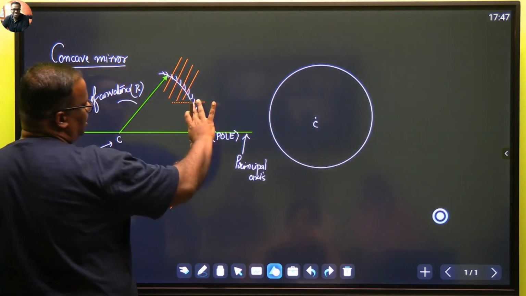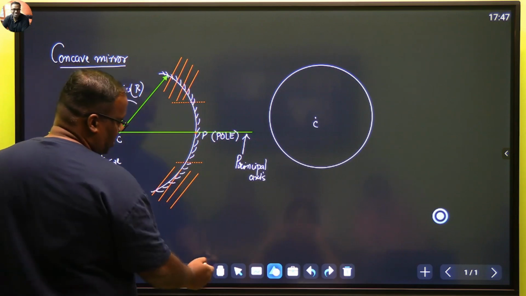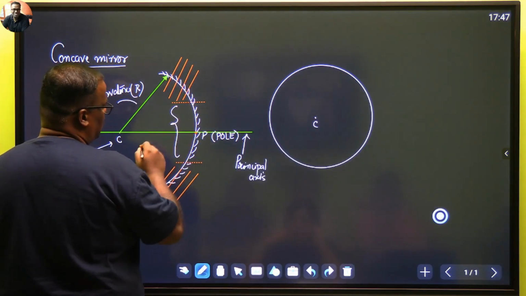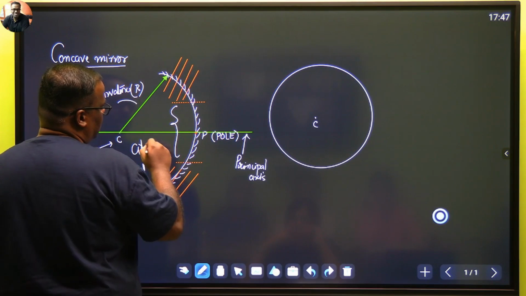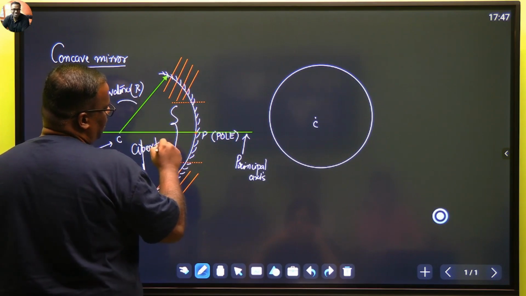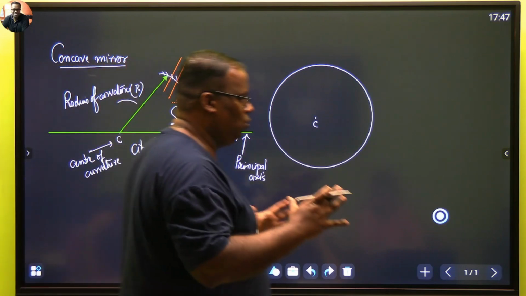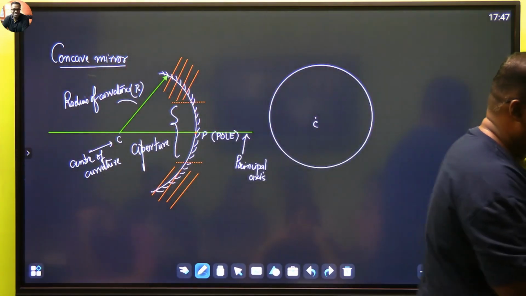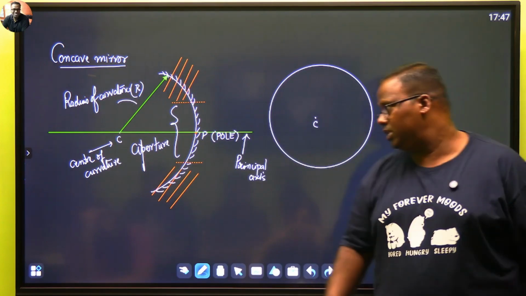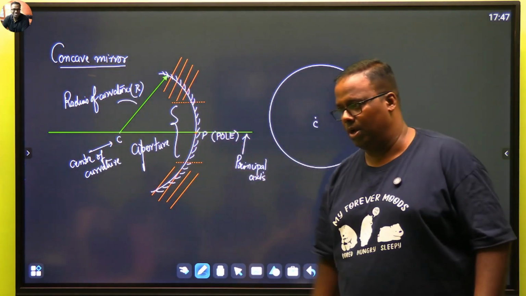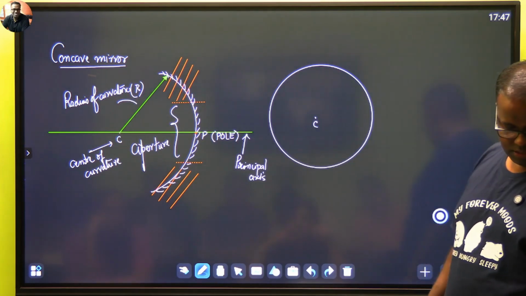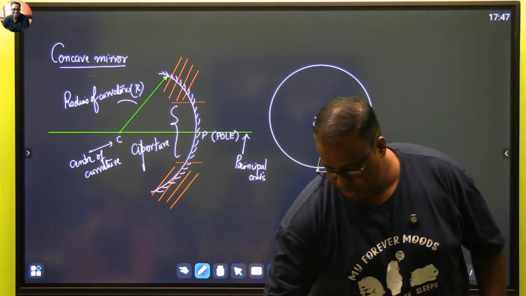The light is only hitting this much portion. Then this particular portion will be known as my aperture. A-P-E-R-T-U-R-E. Aperture is the opening of the mirror which is exposed to the light. That means the whole game of reflection will happen only through the aperture. Perfect? No issues? Okay.